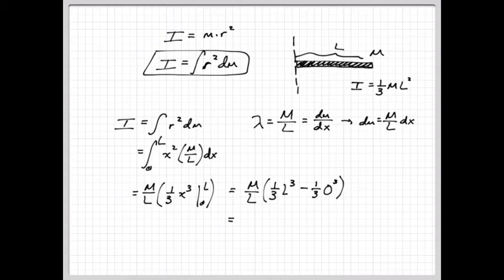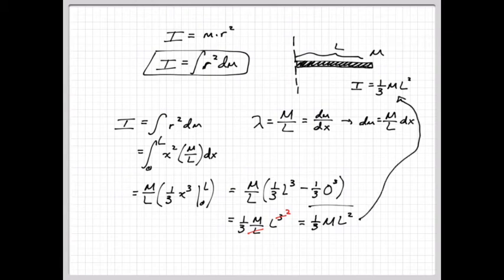So we end up with 1/3 M over L times L cubed. One of these L's is going to go away, the one on the bottom, and just one of them is left on top. So the end result is 1/3 ML squared, as it should be.